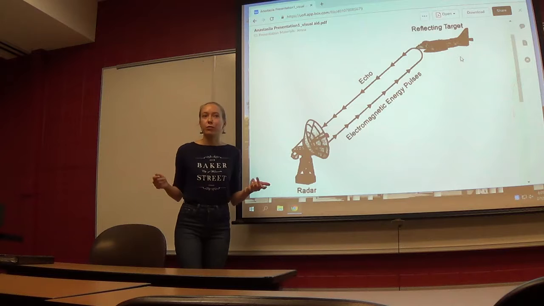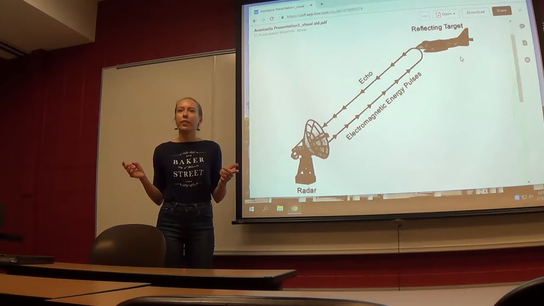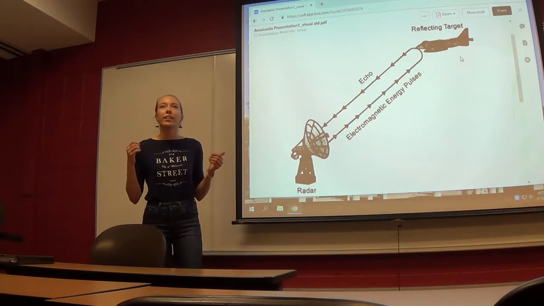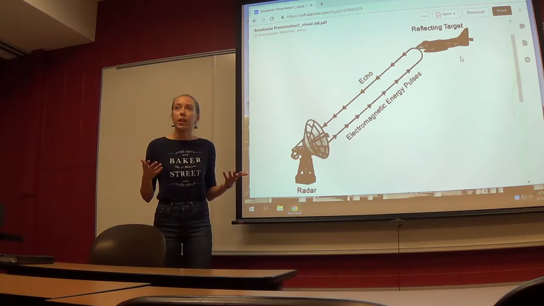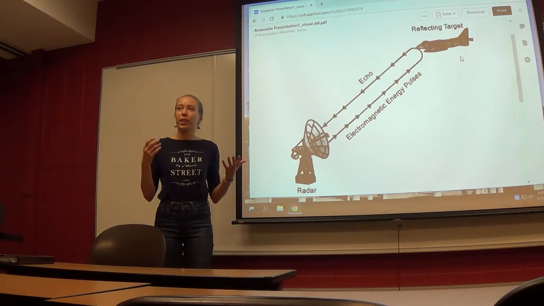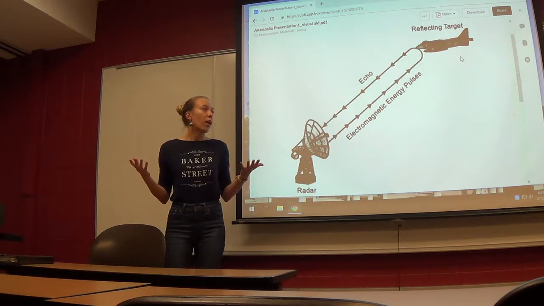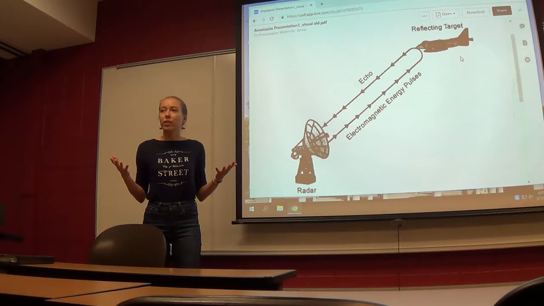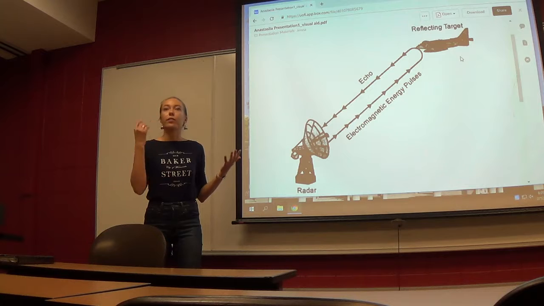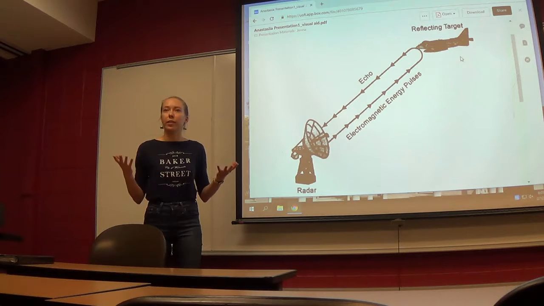The term radar was first introduced by the US Navy, and it was an acronym for radio detection and ranging. So from this term itself, you can guess the main idea, that we can use radio waves to detect a target. Radio waves are electromagnetic waves, and basically they have the same nature as visible light, but we just don't see them.